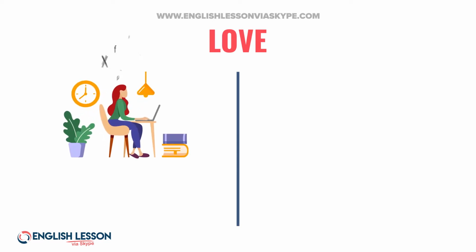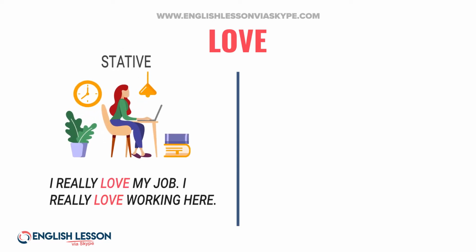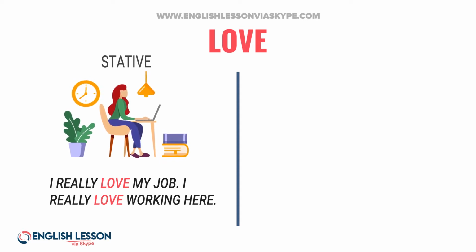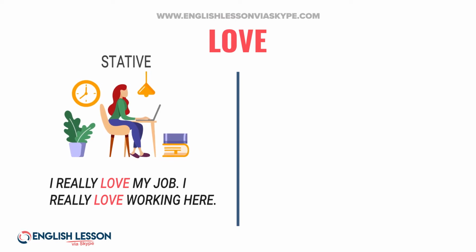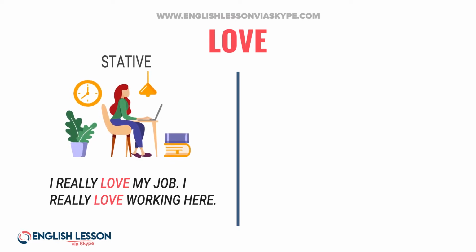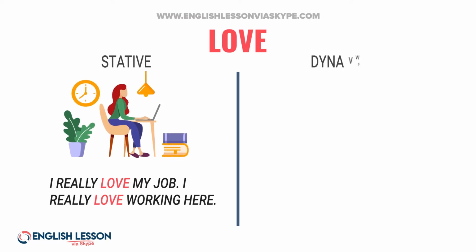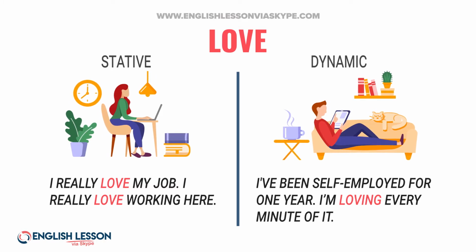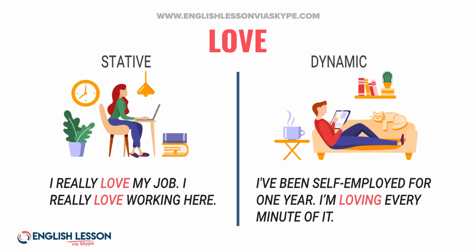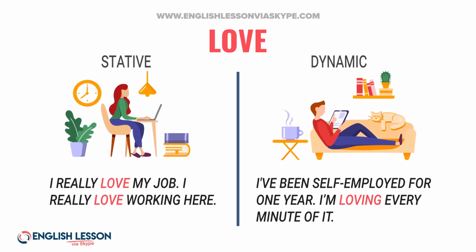So let's look at a few others. So if somebody's talking about their job, they could say, yeah, I really love my job. I really love working here. I really love the interaction with the client. So it's a very, very standard way of describing your job. But you could also use it in a more dynamic way where you could say, well, I've been self-employed now for 1 year or 2 years, and I'm loving every minute of it.